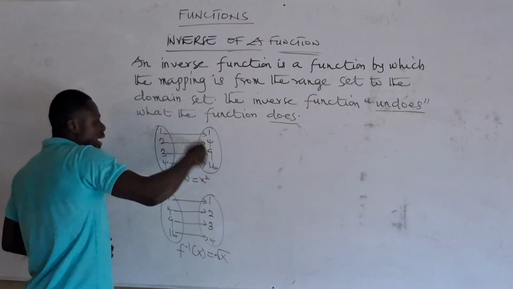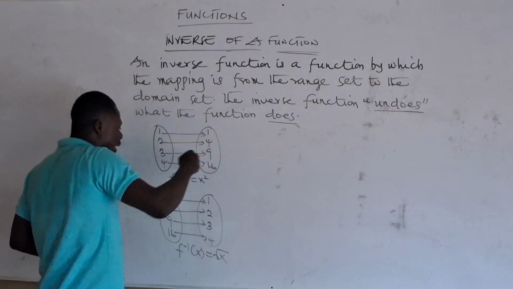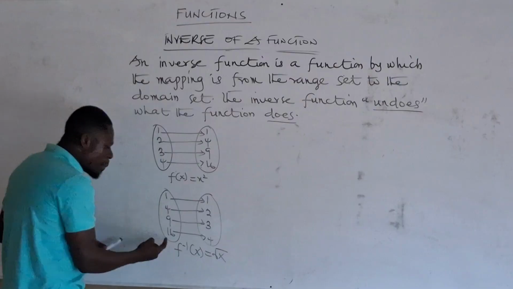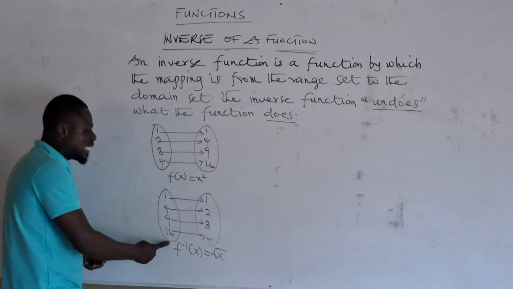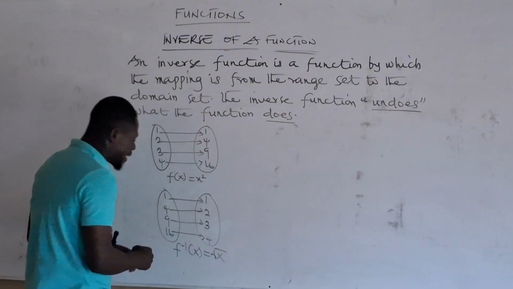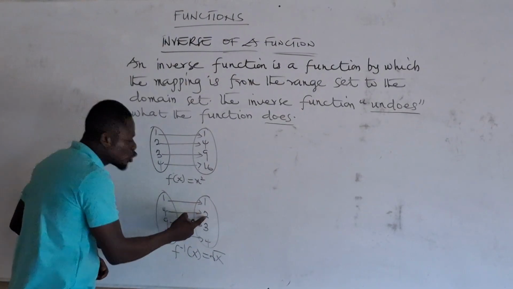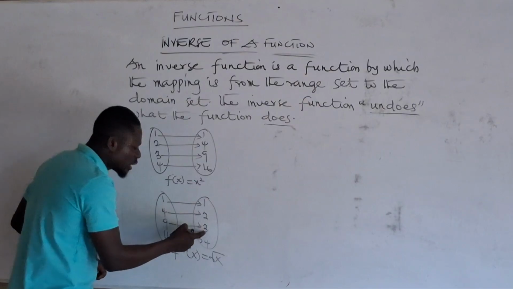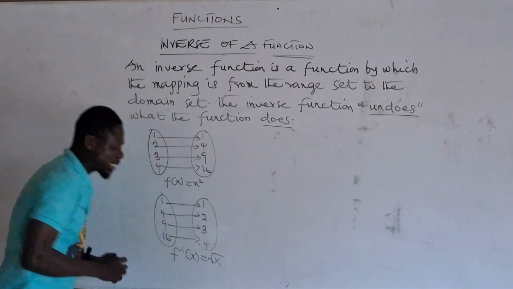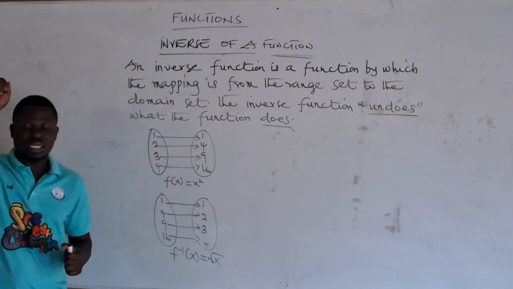Looking at this diagram, it can clearly be seen that what we have in the codomain is now beginning. So the codomain is here. In other words, the range set is here, and then the domain set is here. So now 1 is producing 1, 4 is producing 2, 9 is producing 3, and then 16 is producing 4. What it means is that at this point, it has been inversely written.